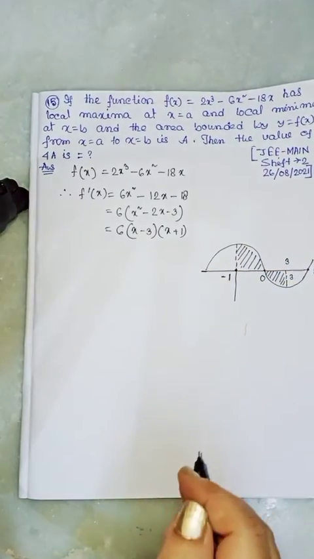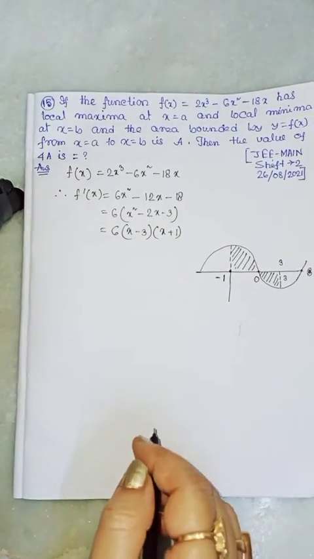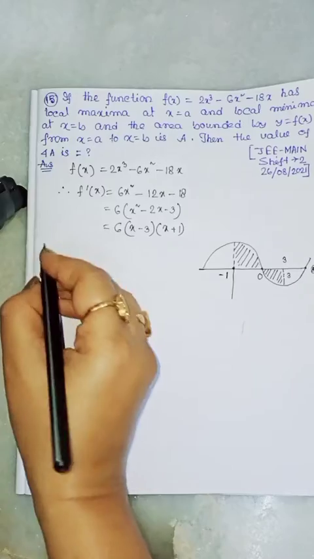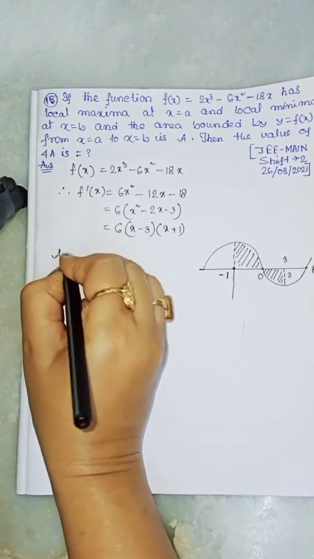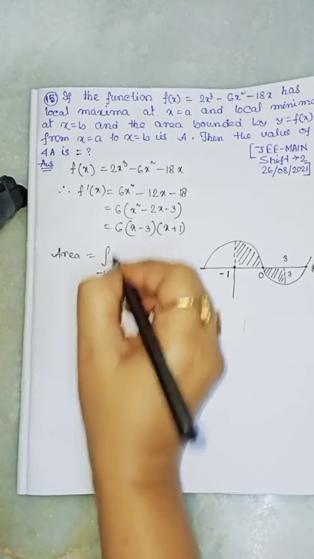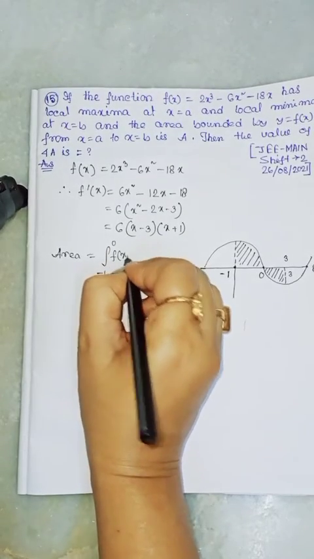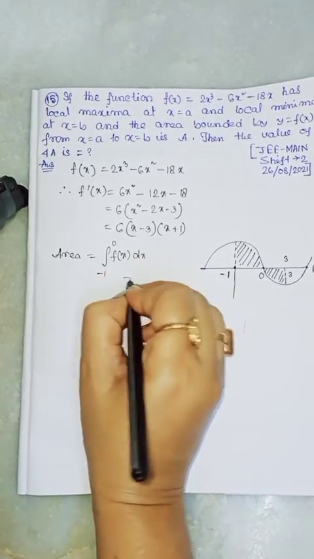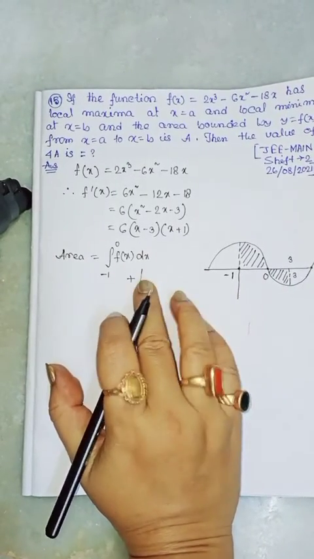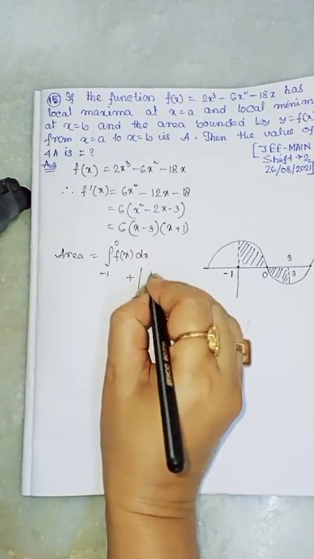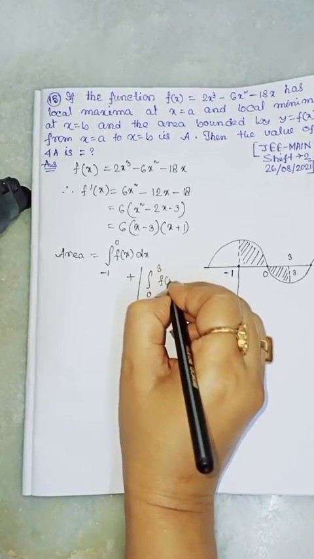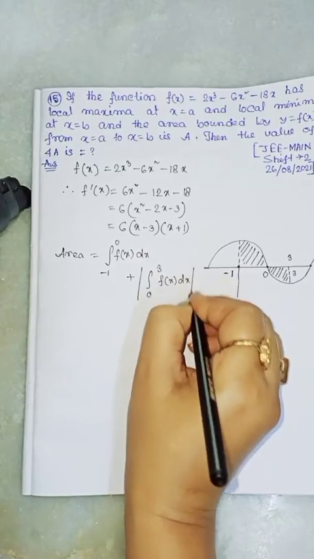So now we may write that area is equal to integration from minus 1 to 0 of f(x) dx plus mod of, since it comes with the sign minus, taking mod here, the integration from 0 to 3 of f(x) dx.